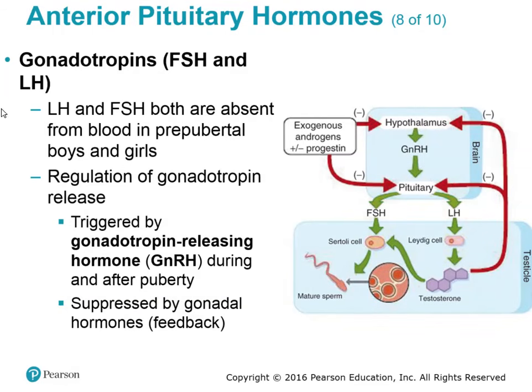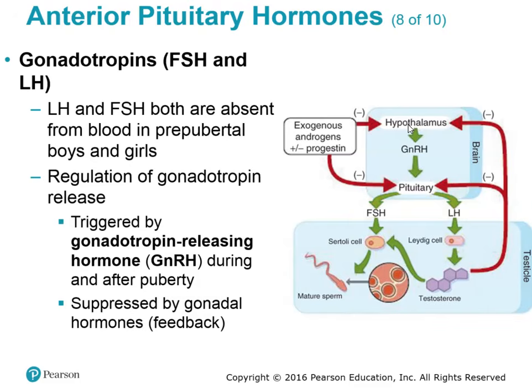Both of these hormones are typically going to be absent before puberty. Since they're sex hormones and have to do with the reproductive system, they're generally offline until puberty. During and after puberty, once the reproductive system comes online and starts developing, a hypothalamic hormone called gonadotropin releasing hormone, GnRH, is going to stimulate the pituitary to secrete FSH and LH.